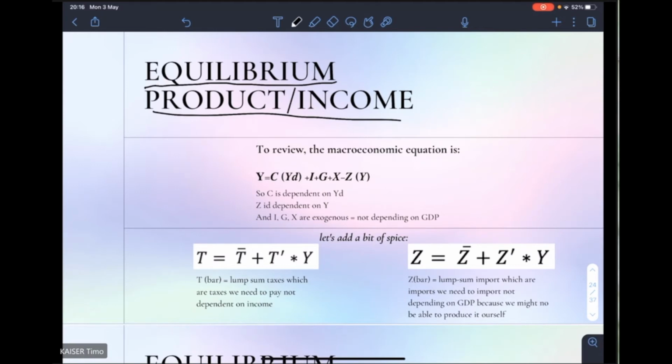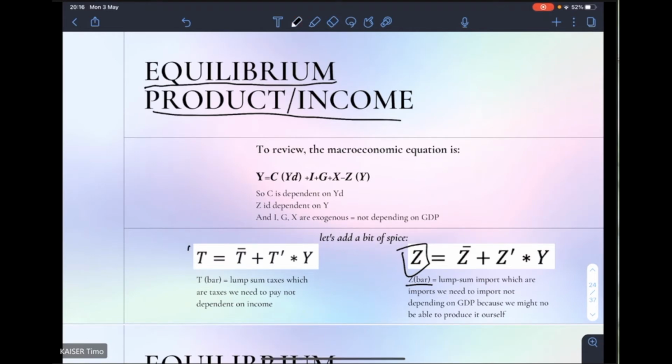And here we are introduced to two new things, which would be Z, our imports. However, now our Z is not just one single number. Now it's also depending on GDP. So what you import depends on the income of the country, which actually makes a lot of sense.